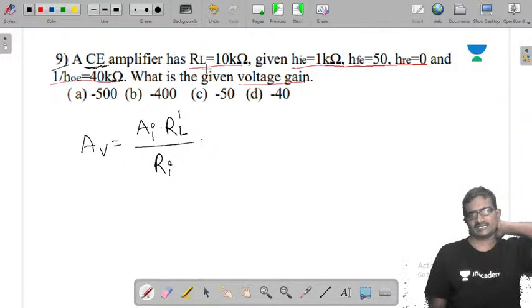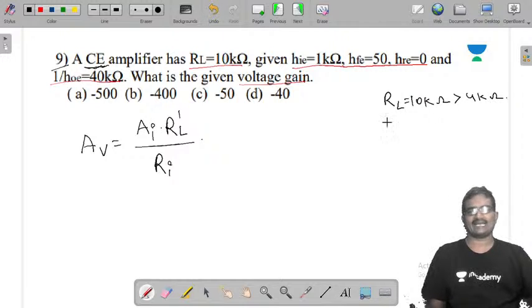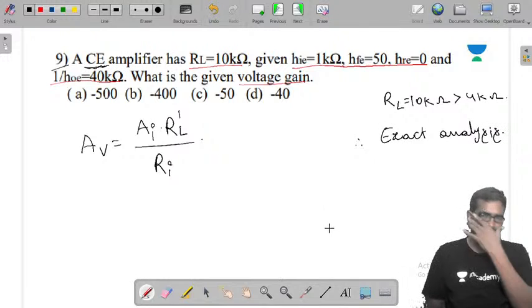The given RL is 10 kilo ohms, which is greater than 4 kilo ohms, so you need to go for exact analysis.